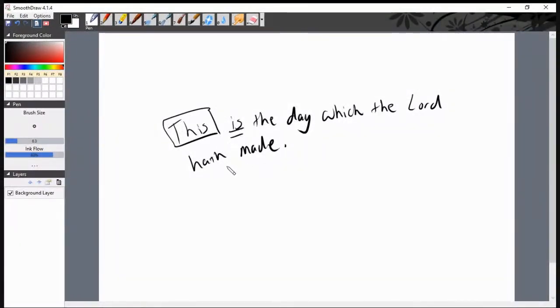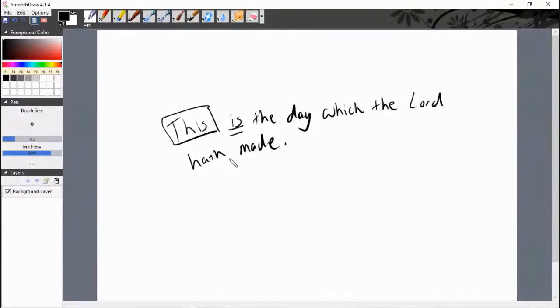This is the verb. This is the day which the Lord hath made. Lord hath made. Right? So this is the verb, hath made. The Lord is the subject. Lord hath made. Right? Now, question here is, which is the independent clause? And which is the dependent clause? Right?